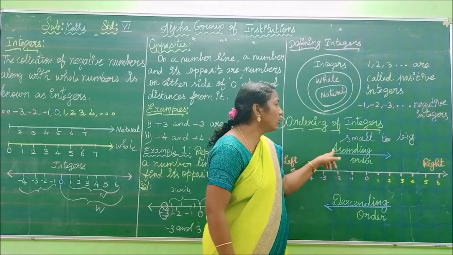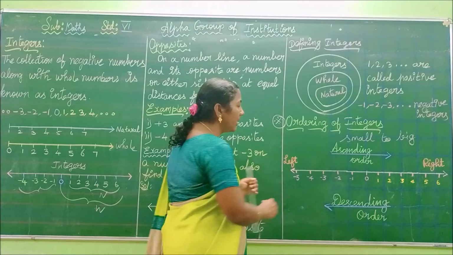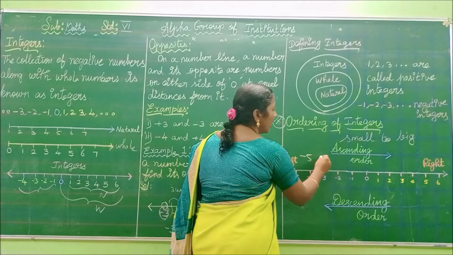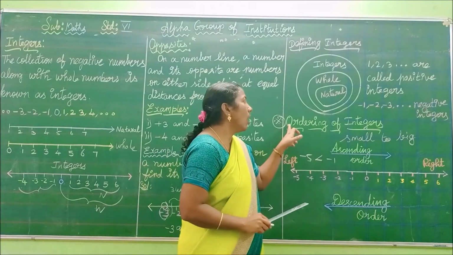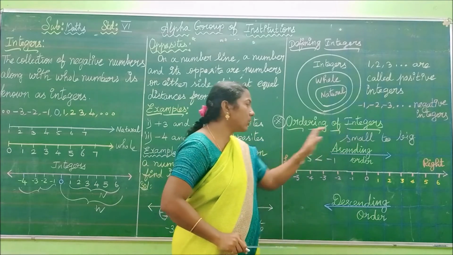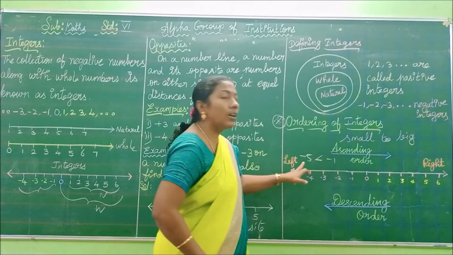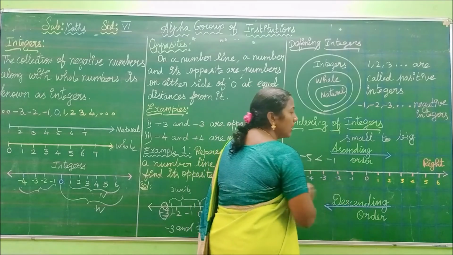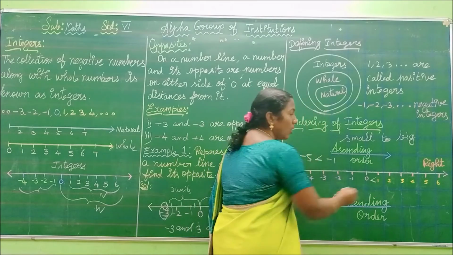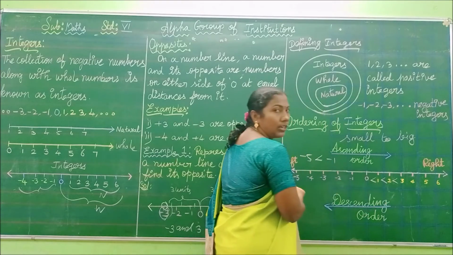So according to ascending order from left to right, minus 5 is smaller than minus 1. I hope you understand. See here, according to the ordering of integers, while we move from left to right, the numbers are arranged in ascending order. It means 0 is less than 1, 1 is less than 2, similarly 2 is less than 3.